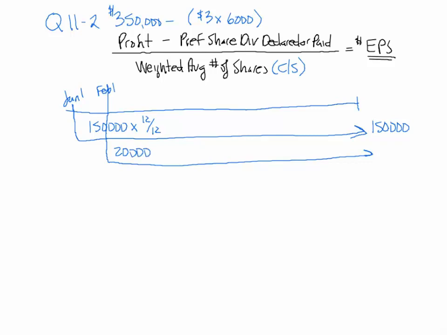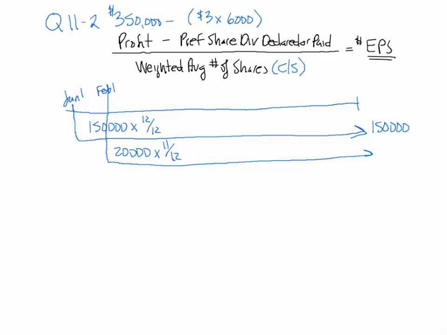How long were these shares contributing to the ability of the company to generate a profit? Was it 1 month? Or was it 11 months? Exactly. 11 over 12. Right? They've contributed for 11 months.